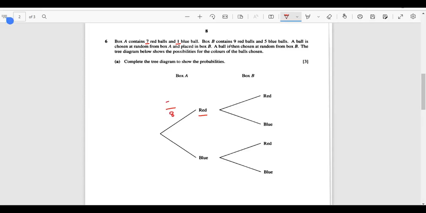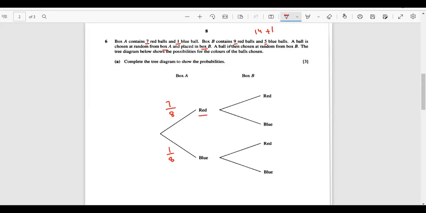For red, it would be 7 by 8, and for blue, it would be 1 by 8. Now for the second box, box B contains 9 red and 5 blue balls, so a total of 14. A ball is chosen from box A and placed in box B. So this 14 would become 15.